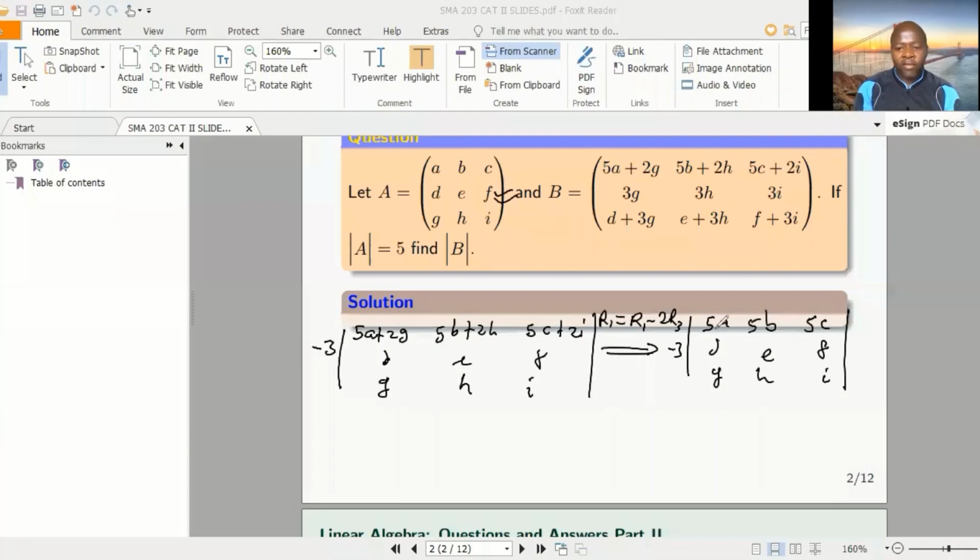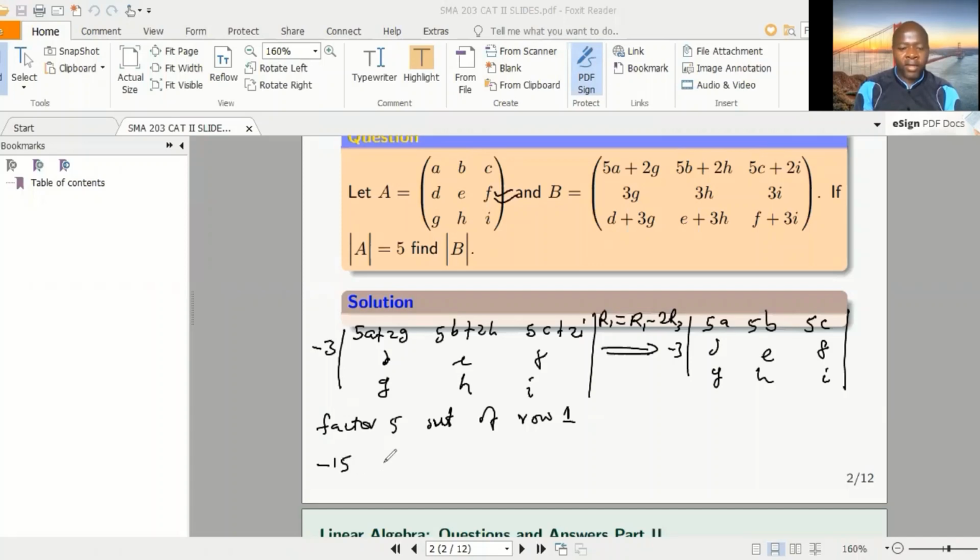Now, I can factor 5 out of row 1. So when that happens, I would have negative 15.